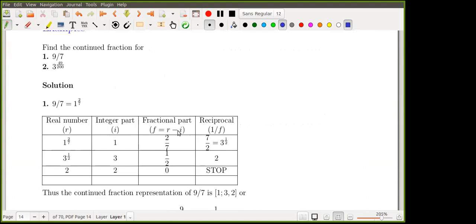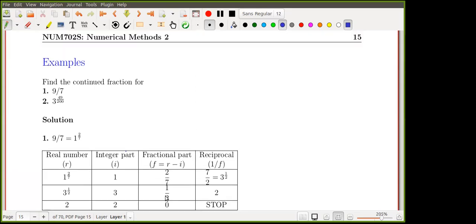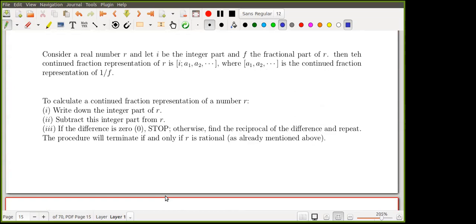And the fractional part is just the difference between the original real number minus the integer part. That will give us the fractional part. And then we compute this reciprocal, which will be another real number, and we start over the process. And we stop only when the fractional part is 0. Then we stop. So that is the algorithm that we will follow here.